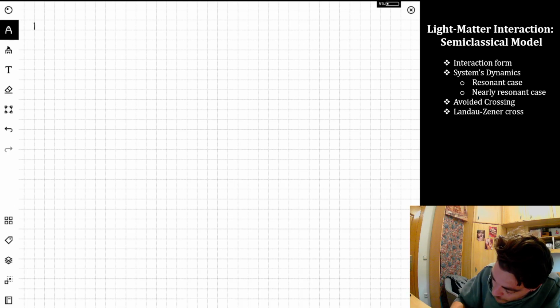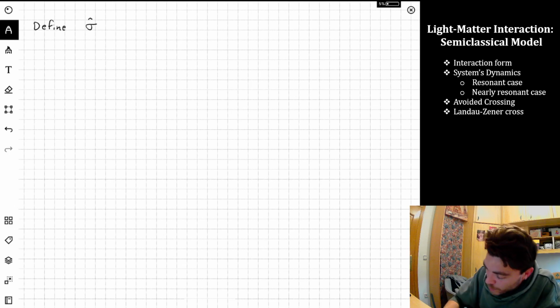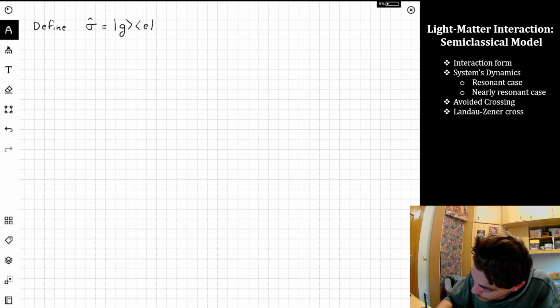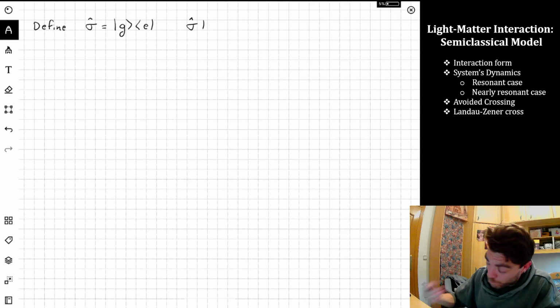Now let's define a lowering operator, an atomic lowering operator of the system. Sigma is defined as this operator here. Why? Because it does what you would think it does.